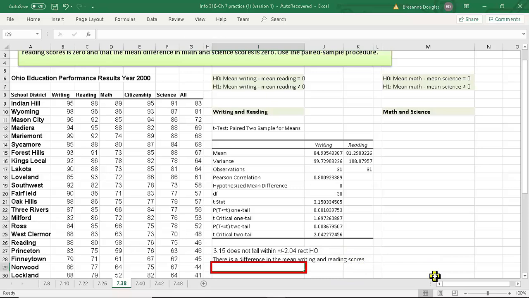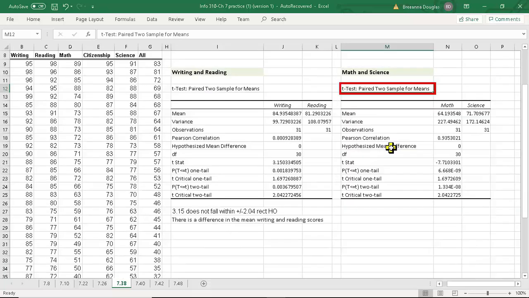We will now move on to our second hypothesis test, where we will be comparing the math and science scores. Just for the sake of time, I went ahead and performed the analysis on the math and science scores. Just for a refresher, you go to Data, hit Data Analysis, and t-Test: Paired Two Sample for Means, and then you would input the variable 1 range, variable 2 range, the hypothesized mean difference, and where you want the information to be outputted.